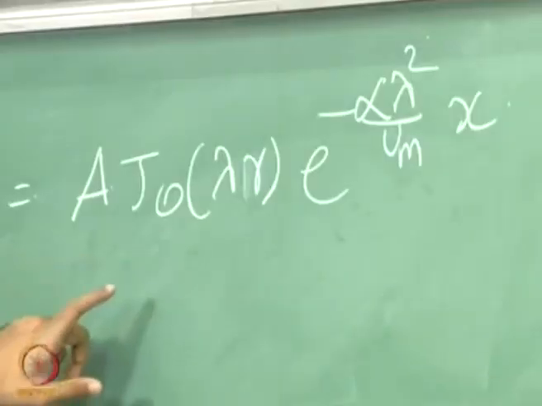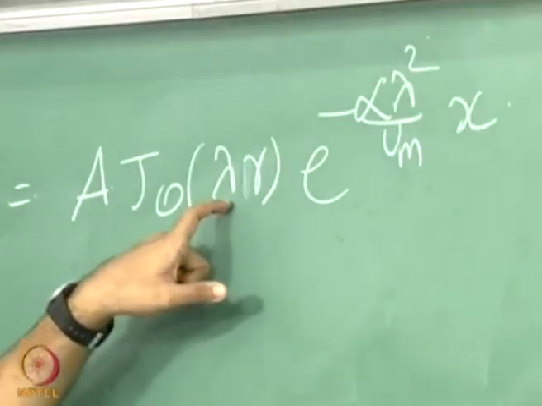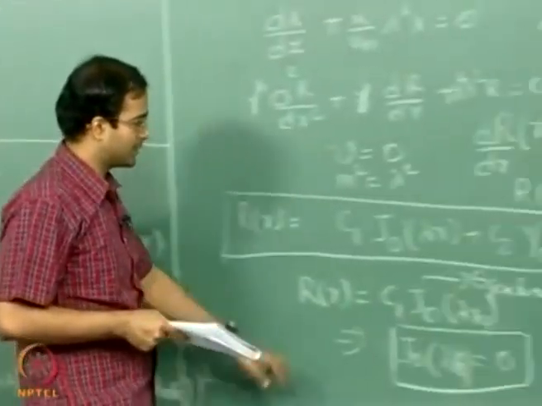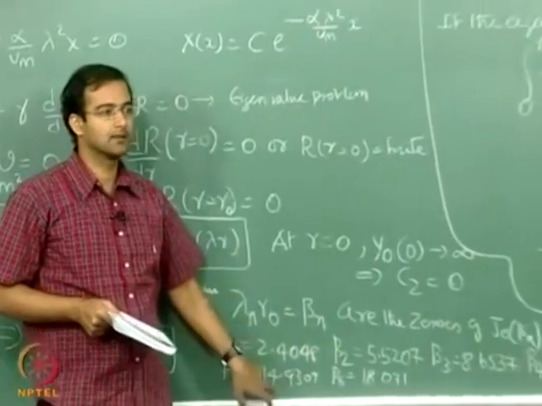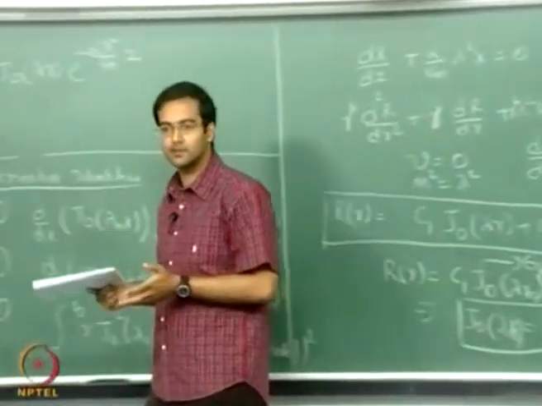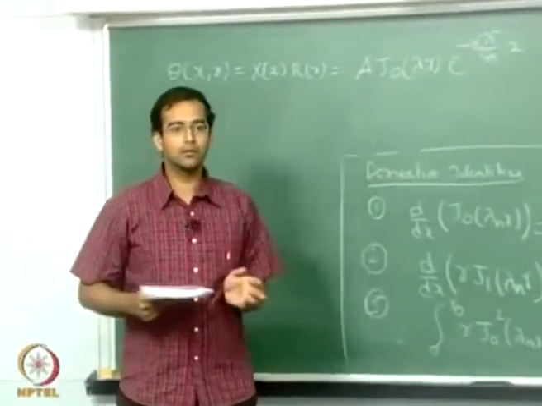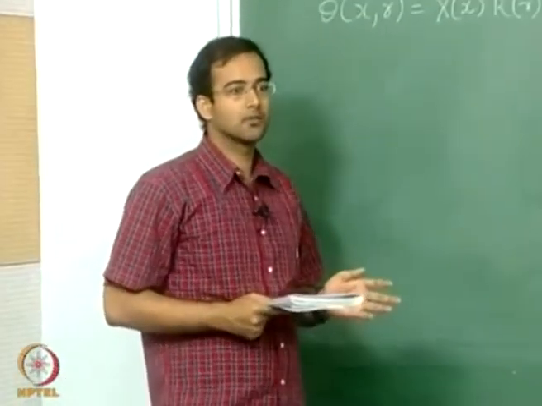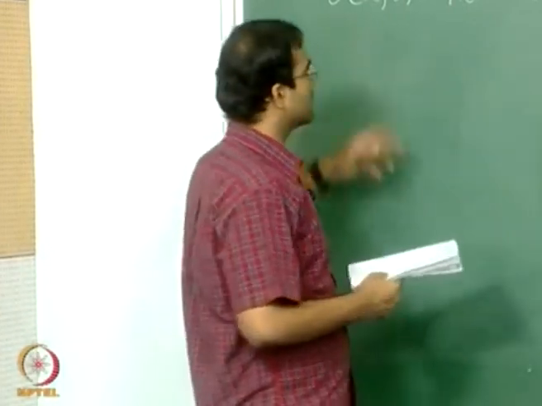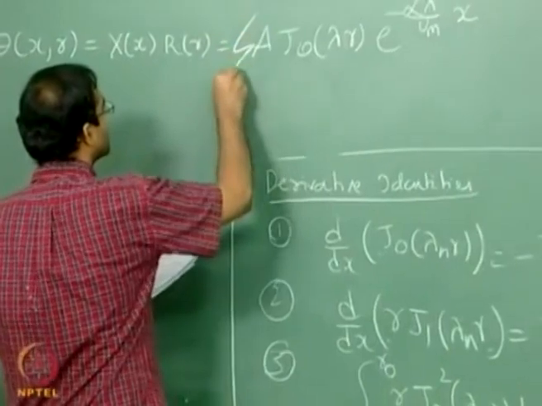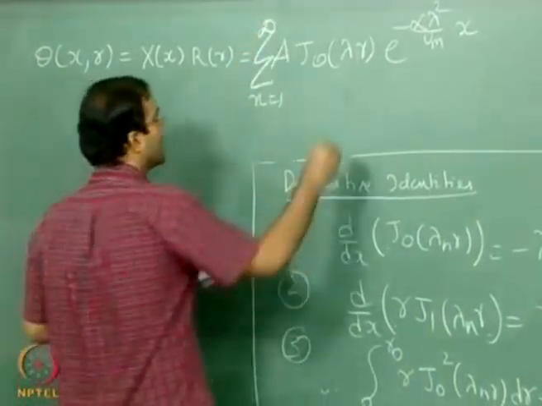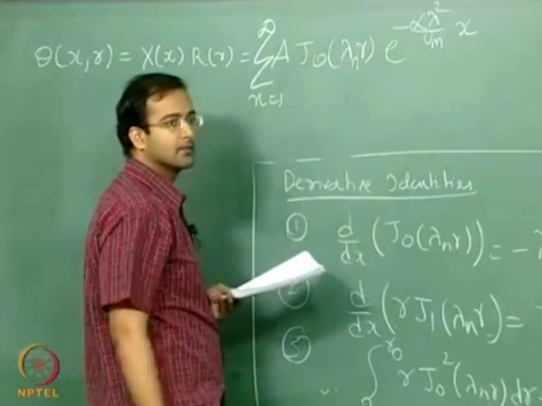Now you see that when you found the eigenvalues, you had multiple eigenvalues. First I had written down the first 6 eigenvalues, but there are multiple eigenvalues and they are all solutions. So how do you include them? You assume that they are all linearly superposed, and you can denote your final solution as a summation from n equal to 1 to infinity, with lambda n.